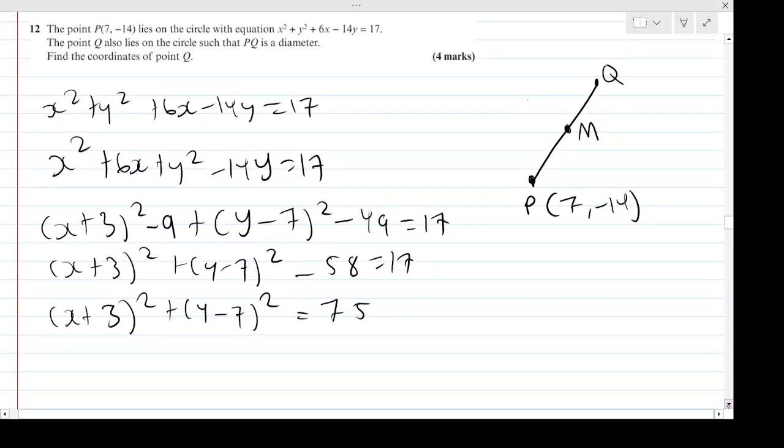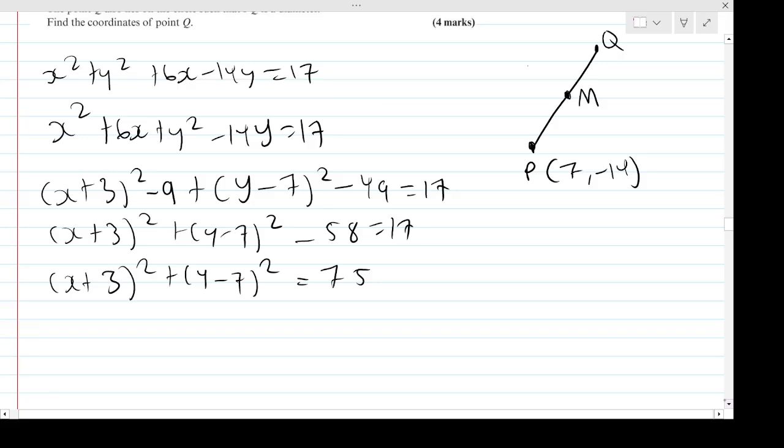But we know what the centre is, because we just worked out the equation of the circle. The centre is now at minus 3 from plus 3, and from minus 7 we get plus 7, as the centre. That's also the midpoint, because if it's halfway along the diameter, it's also the centre of the circle. So minus 3, 7.